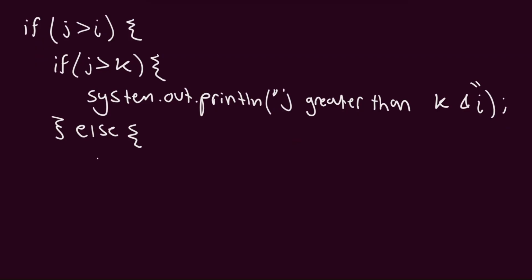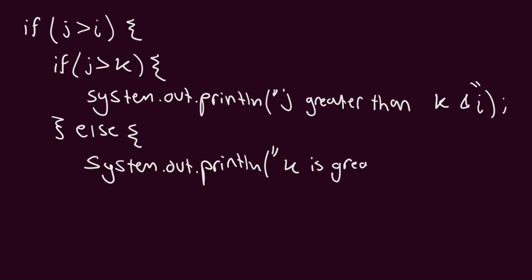So we do else here, and we're going to do System.out.println, and this is going to be k is greater than j.